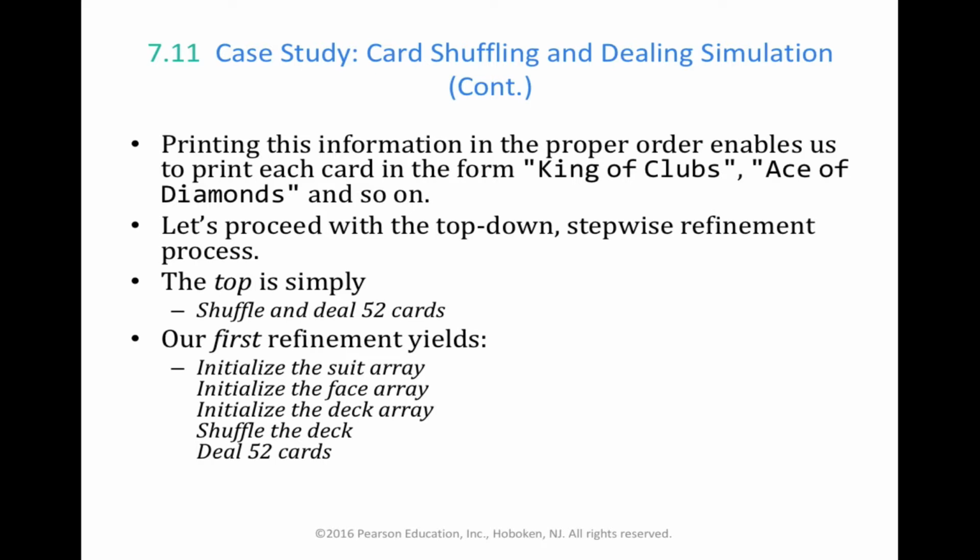Then I need to shuffle the cards, then I need to deal the cards. I could probably start writing functions for all of these items and have a pretty good start. Those functions might not have implementations at this point, but I could write this as function calls in a main method, and that would give me a good start.